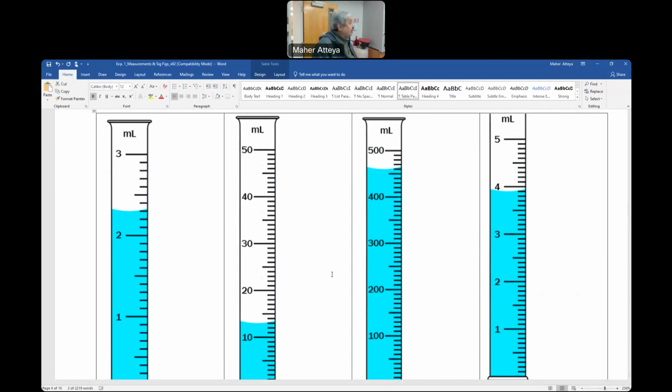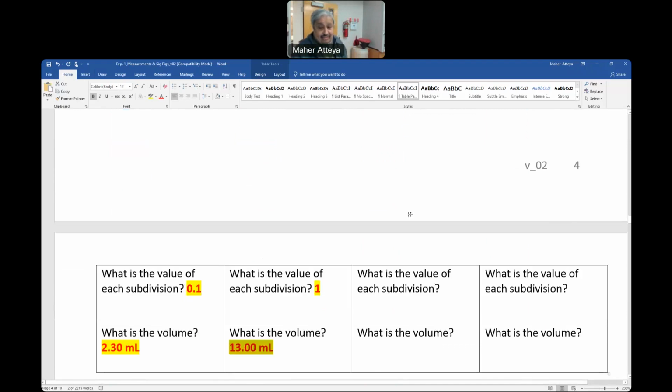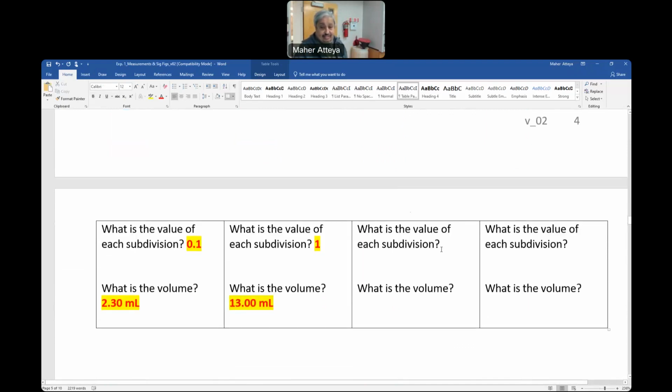Everybody agrees? 10? That's correct. So 410, 420, 450, 400, whatever. So the subdivision here is 10. Correct? And I will highlight this one here.